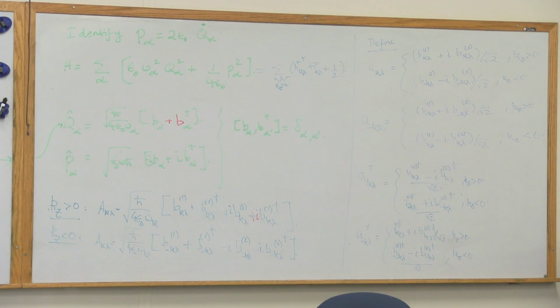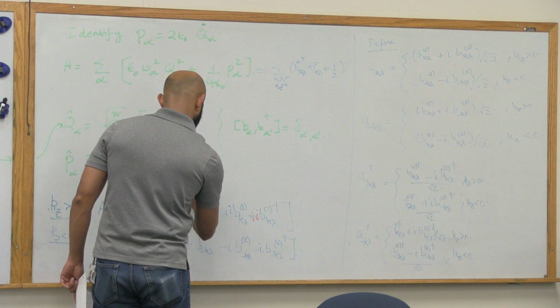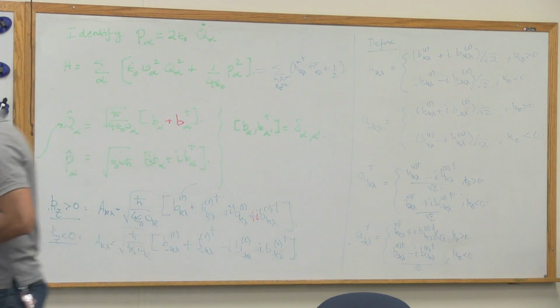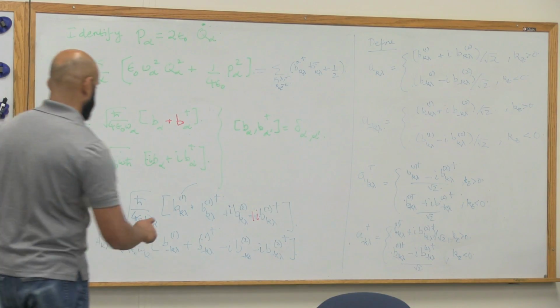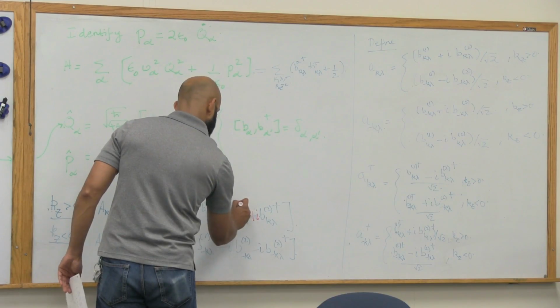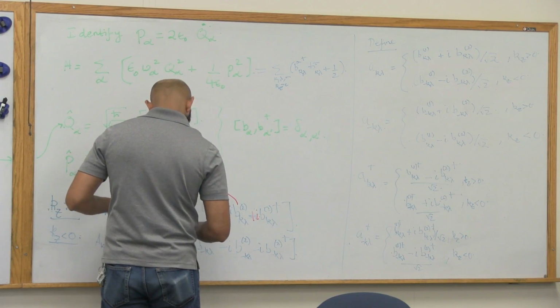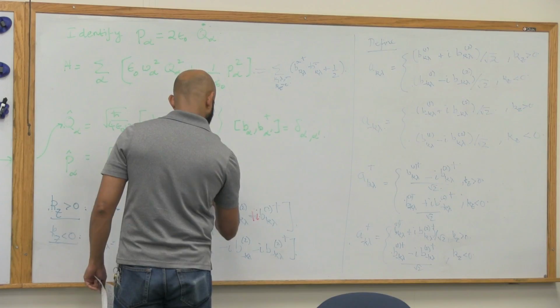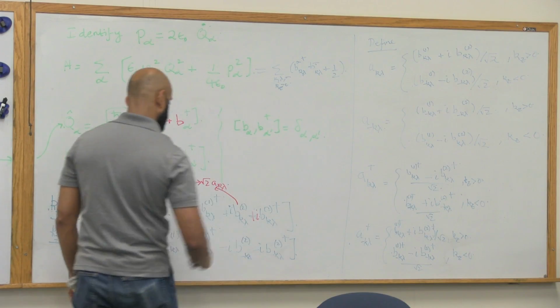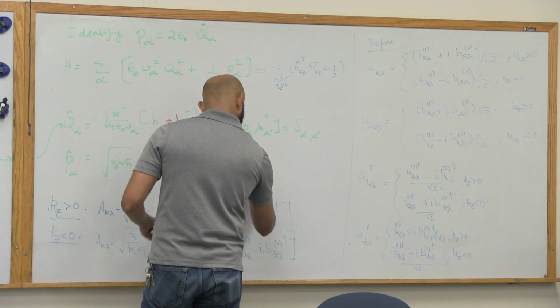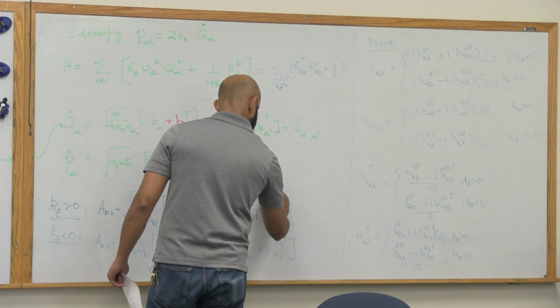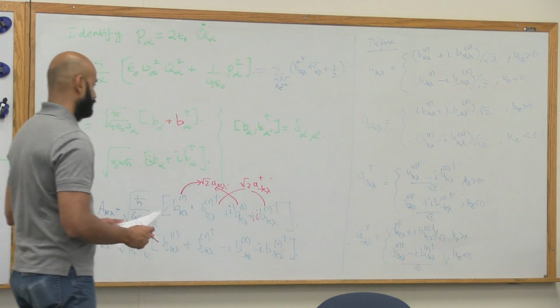If I look at those definitions for a_k lambda and a_k lambda dagger, then these two terms together combine to give me square root of 2 a_k lambda, and these two terms together combine to give me square root of 2 a_minus k lambda dagger.